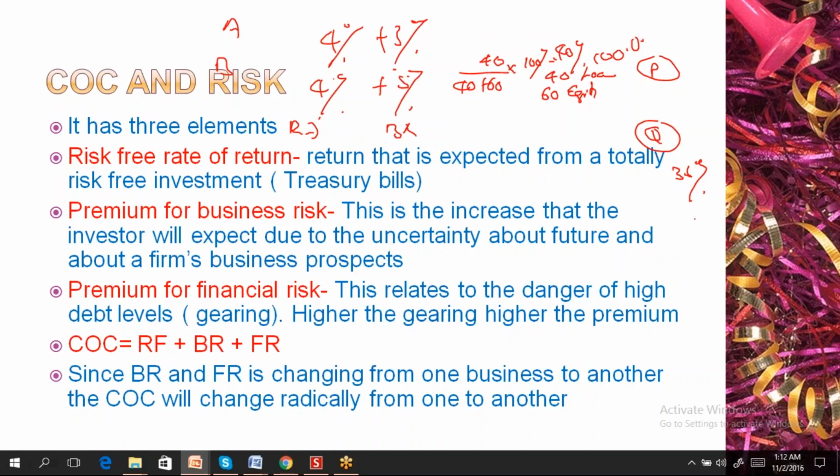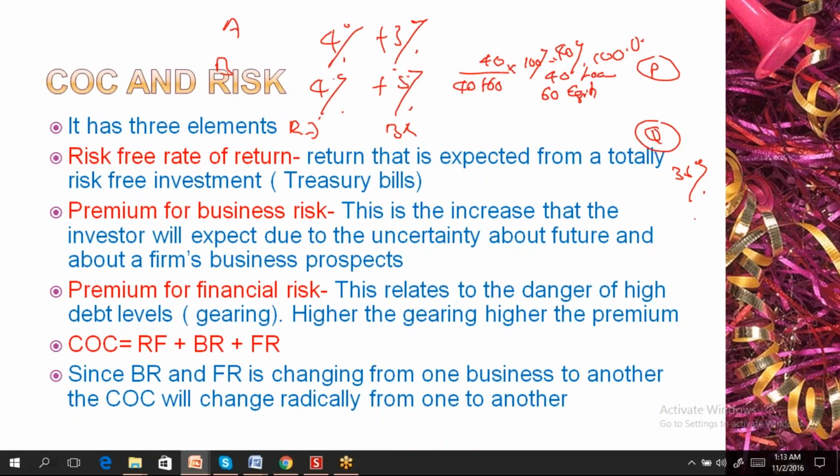Now, I want you to look at these two companies and see, if you are a shareholder, which company is more risky to you as a shareholder, company P or company Q? You think company Q is more risky. Yes. You are a shareholder, right?